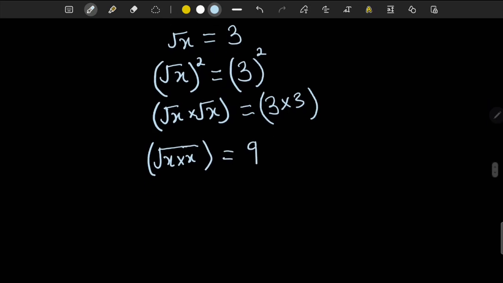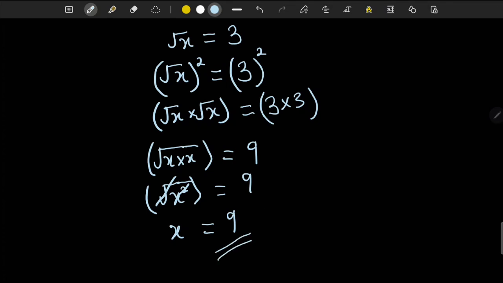Okay, and now this is the same as x squared, is equal to 9. This squared will take away the square root, and so now we can say our x is equal to what? 9, and that is going to be our final answer.